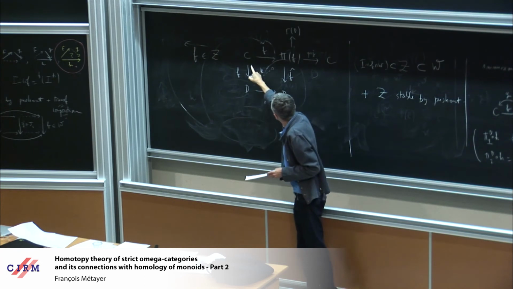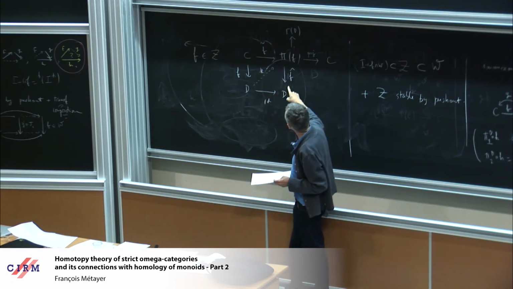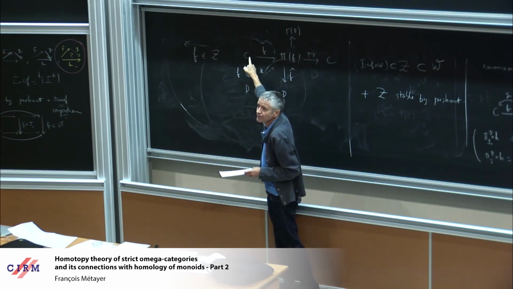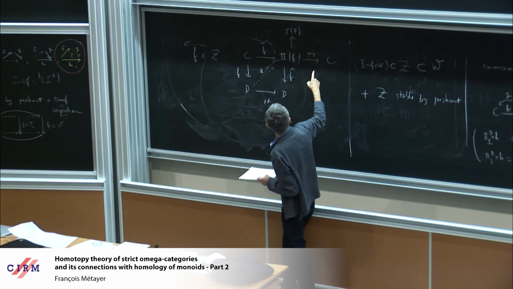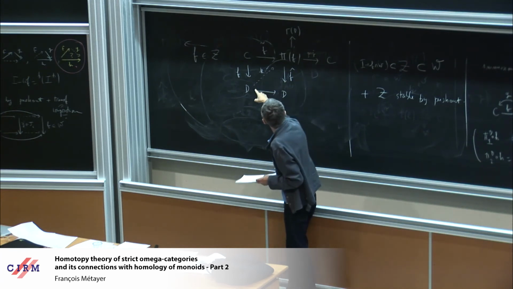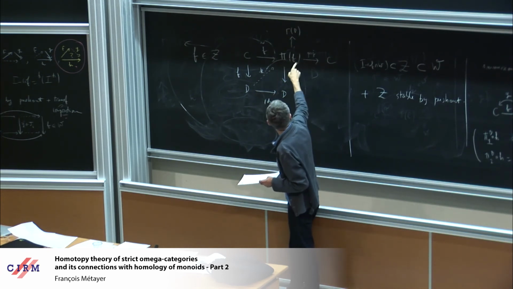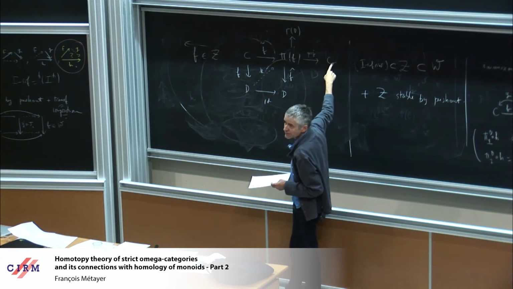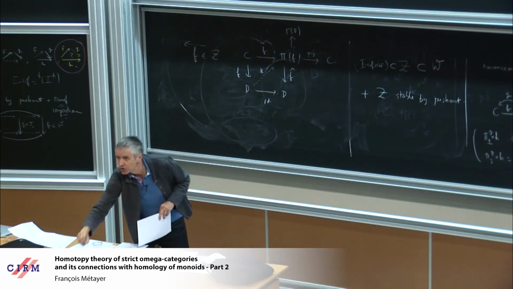So if there is a lift here, then you can build a retraction for F. The lifting goes like this. The retraction is simply this composite here. Okay, so you go to pi f and you project over C. That gives you G.